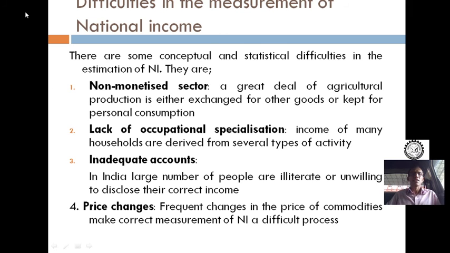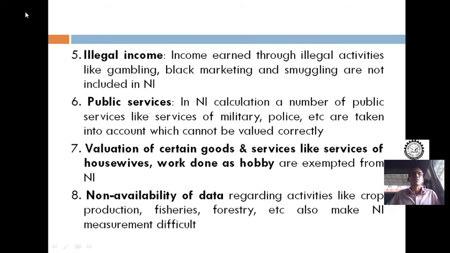Then number three, inadequate accounts. Many illiterate persons do not keep their accounts. Many persons are unwilling to disclose their correct income figure. This also makes a problem. Number four, price changes. While the prices of commodities change, the correct measurement of national income becomes a difficult process.